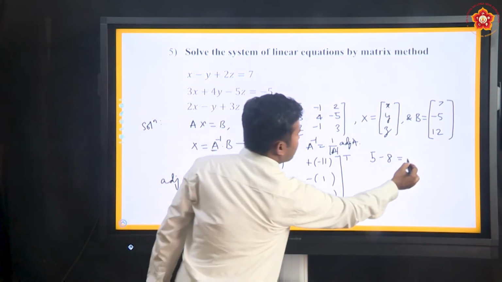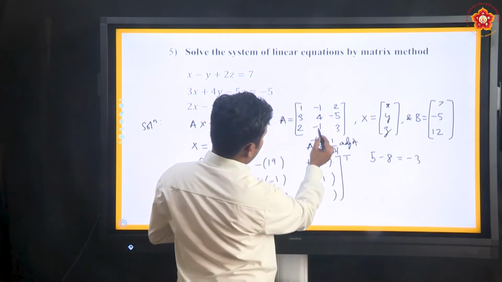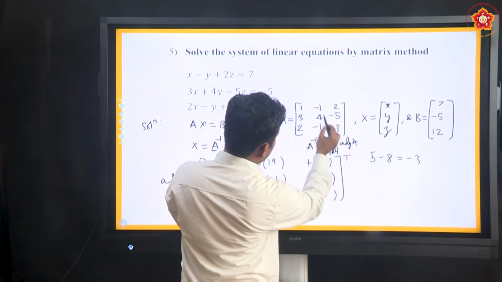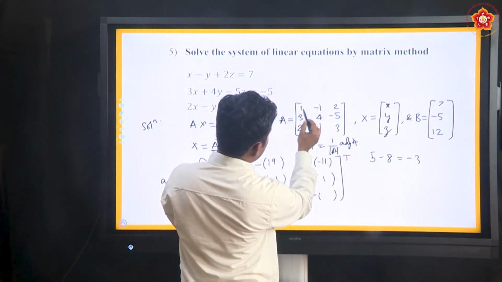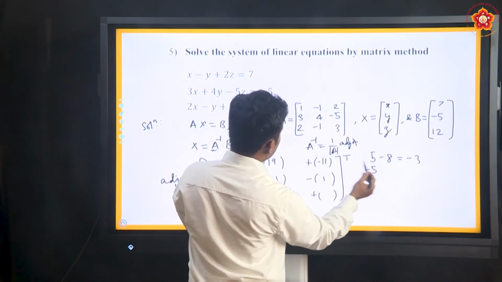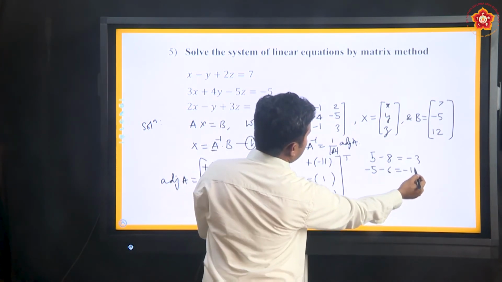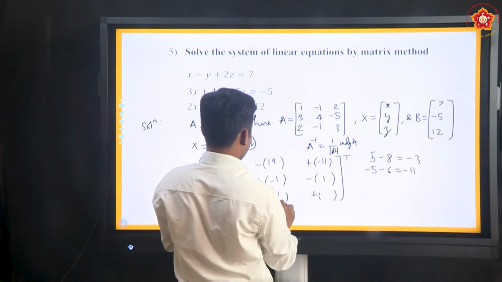Next is this one, right? This is what we have to find from this matrix. Delete the third row, second column. 5 minus 5 into 1 minus 5, 2 into 3 minus 6, minus 11. So, this is minus 11.